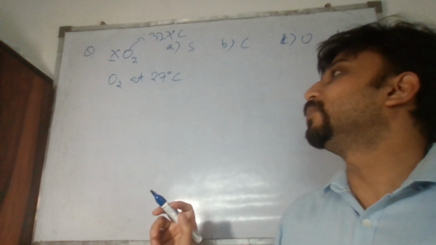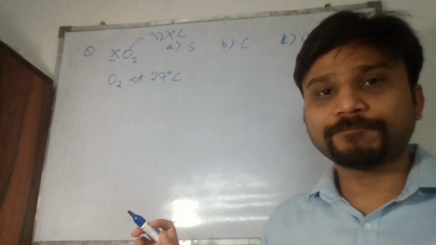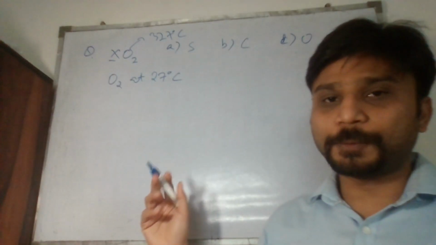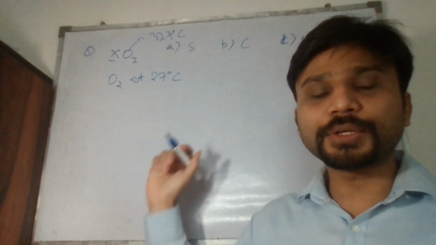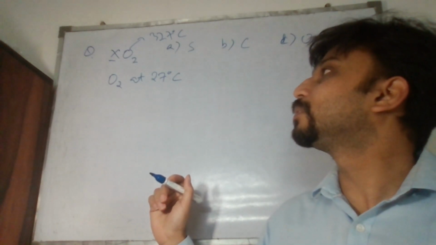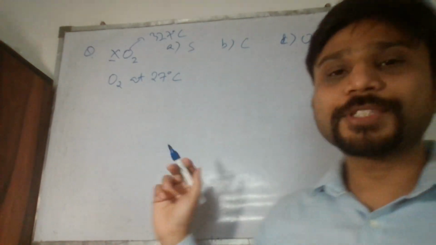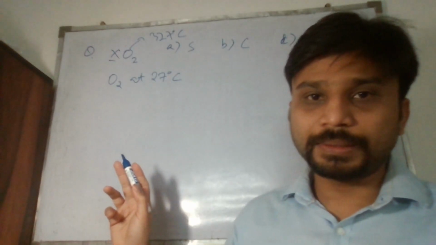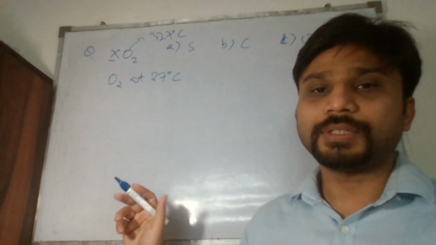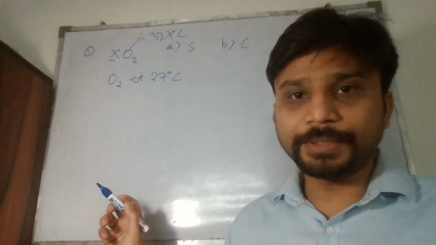So we basically have to figure out what equation we have to use. So for RMS speed, we had two equations. One was square root of pressure divided by density.